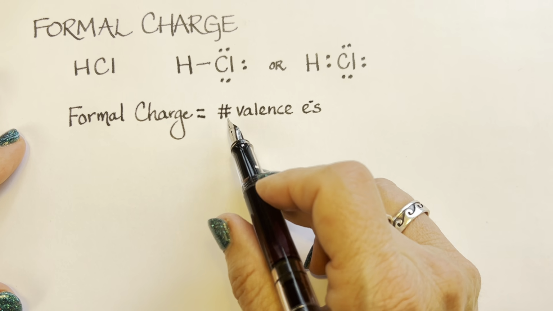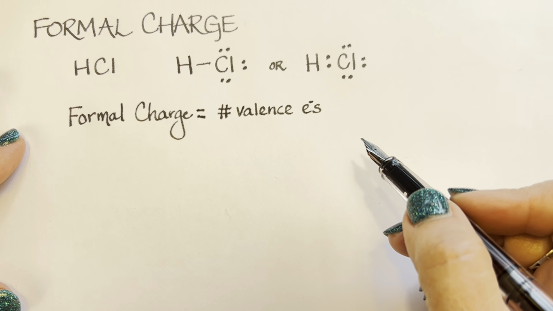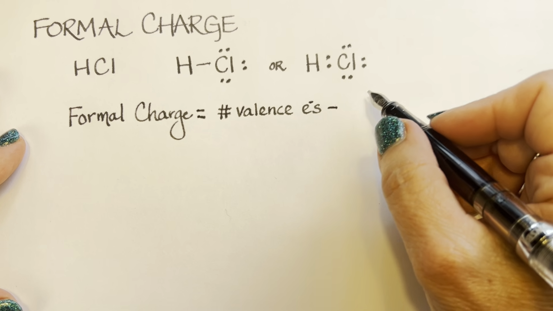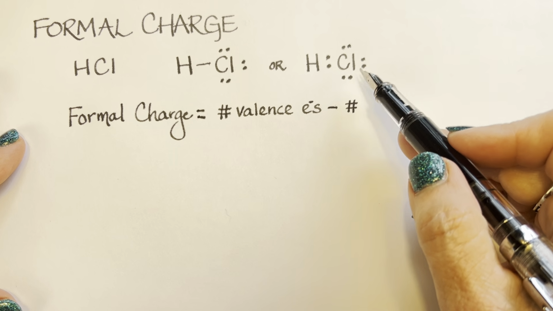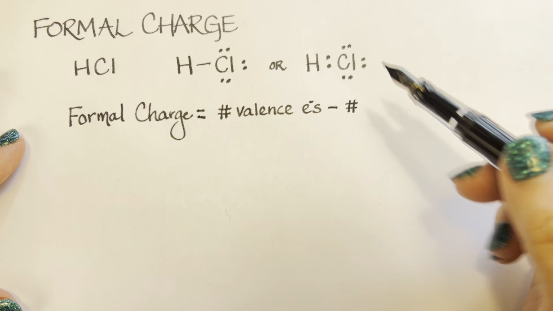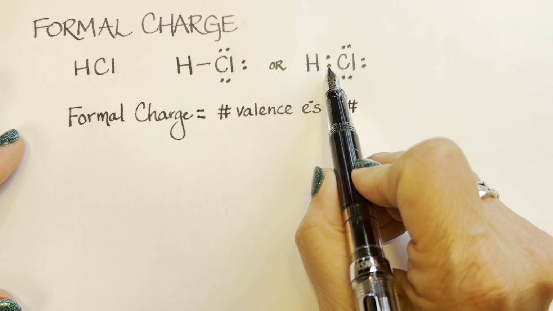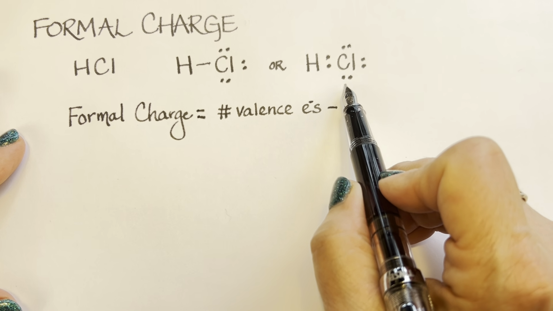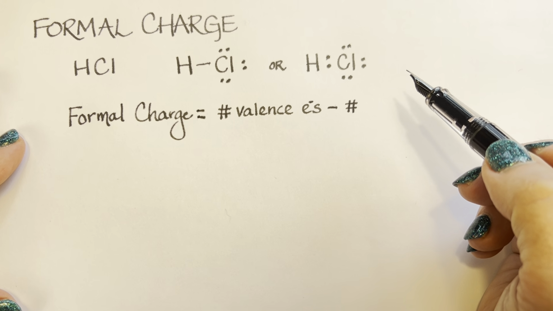So we take the number of valence electrons from that particular atom, and then we are going to subtract out the number of electrons that are in lone pairs, that are not involved in bonding. These two would be the electrons involved in bonding, and these 3 lone pairs, or in other words, these 6 electrons, are what we would call non-bonding electrons.